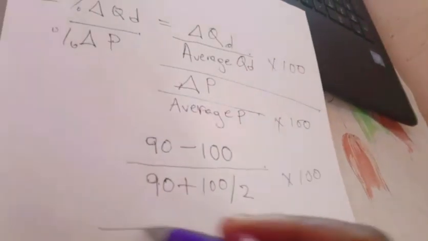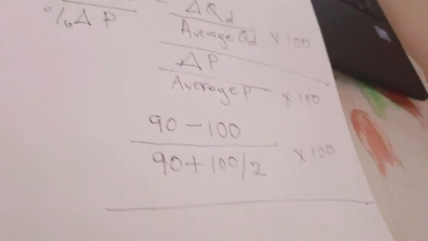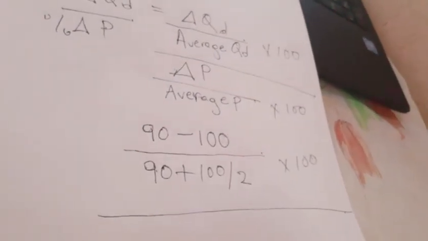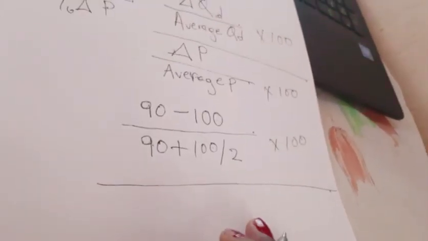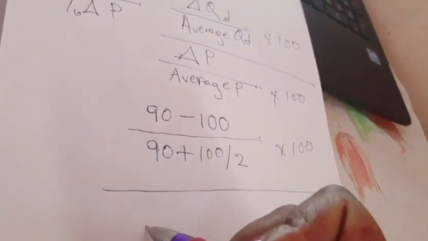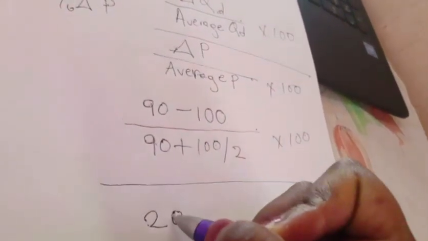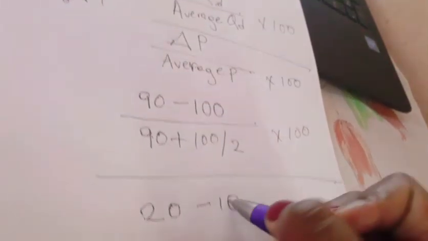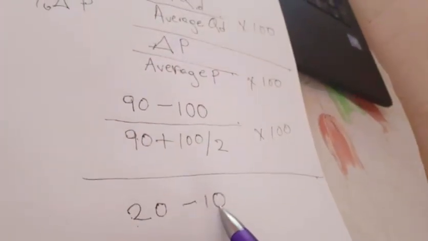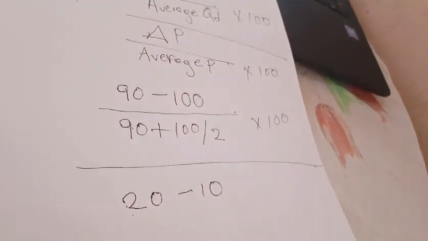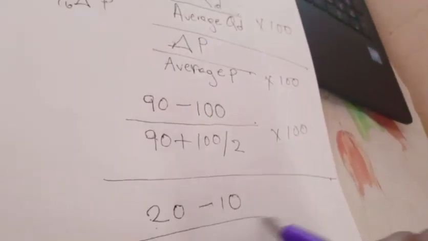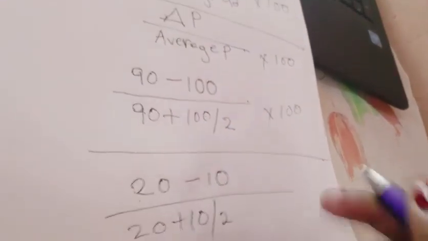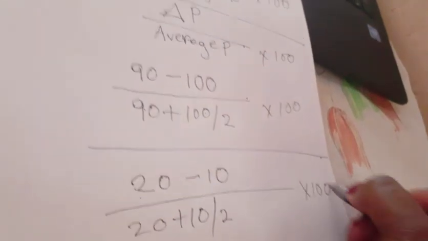I hope that part is clear. Let's see price. We want the change in price. The price here after was 20, before it was 10. This 20 minus 10 will give us our change in price. We want the average price. In order to get the average price, this is 20 plus 10 divided by 2. All of this times what? 100.